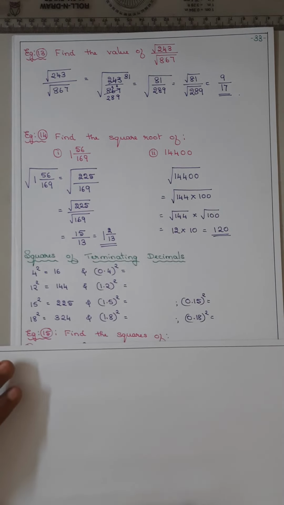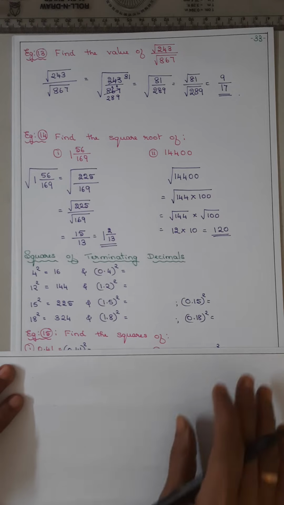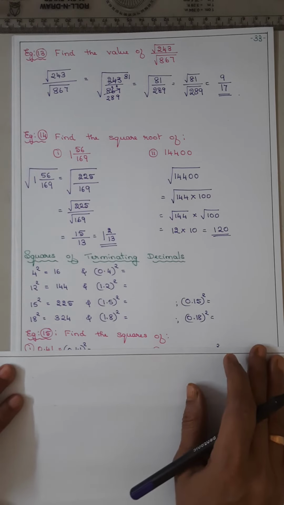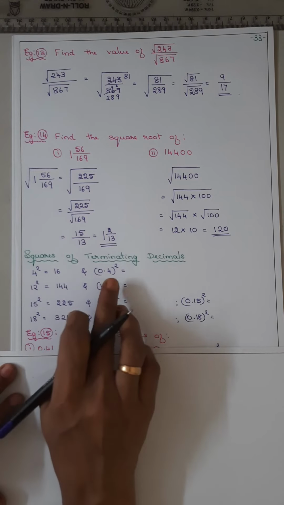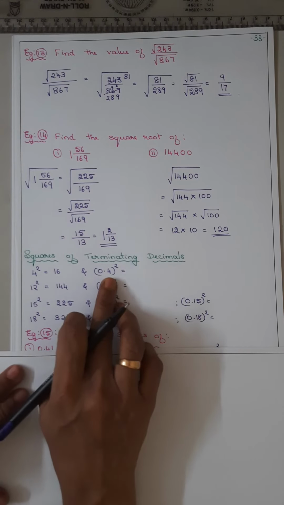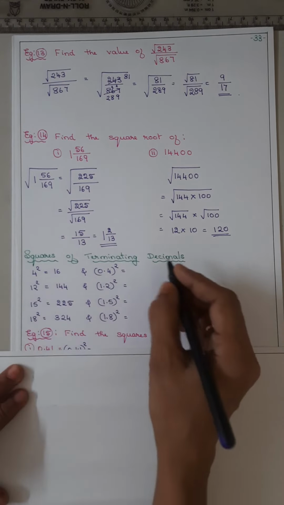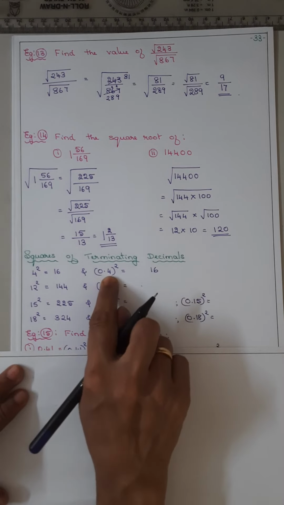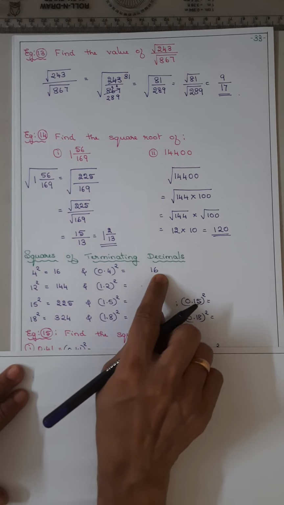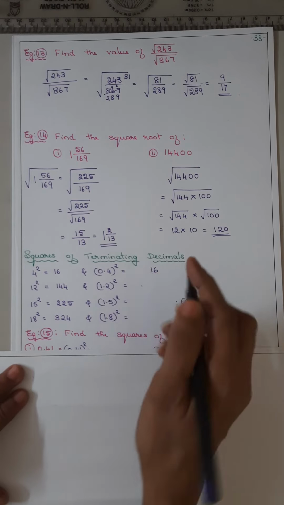Now squares of terminating decimals. Now coming to decimals. So 4 square is 16. So 0.4 square, how much will it be? 4 square is 16. But here it is 1 decimal. So in the 1 decimal square you will be having 2 decimals.